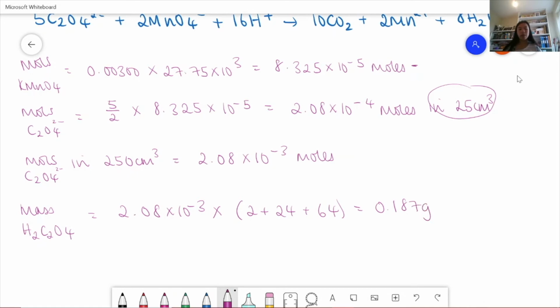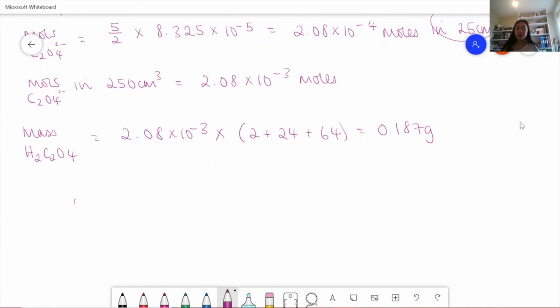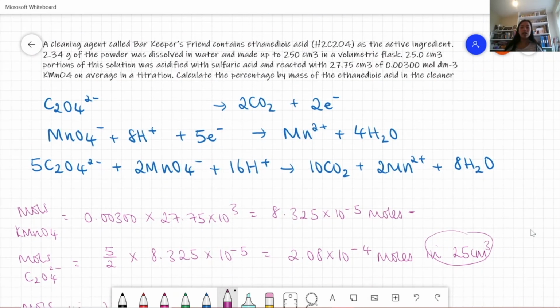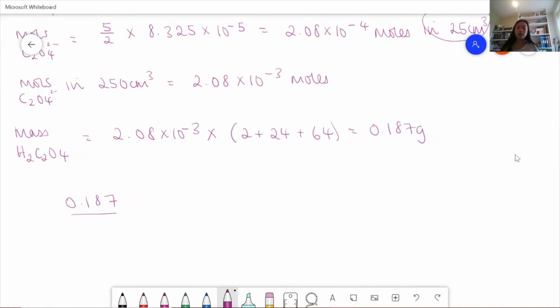To get the percentage by mass, we do 0.187 over the total mass, which is 2.34 grams, multiplied by 100, and this gives us 7.99%.